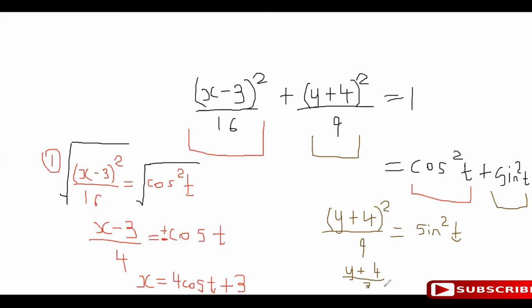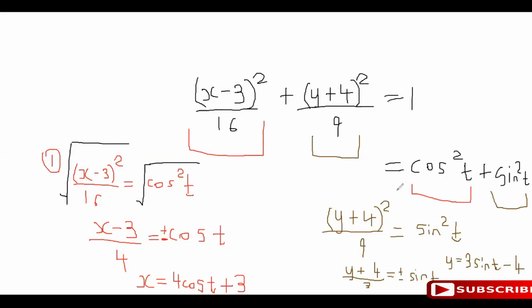So (y plus 4) over 3 is equal to plus or minus sine t. There are two possible solutions, but I'm just going to look at the positive one, which gives me y is equal to 3 sine t minus 4. So y is equal to 3 sine t minus 4, and x is equal to 4 cos t plus 3.